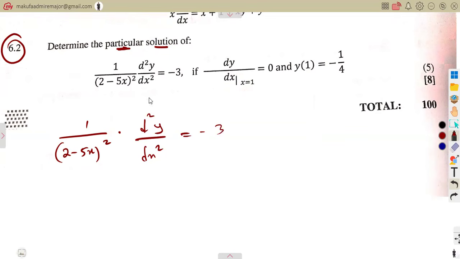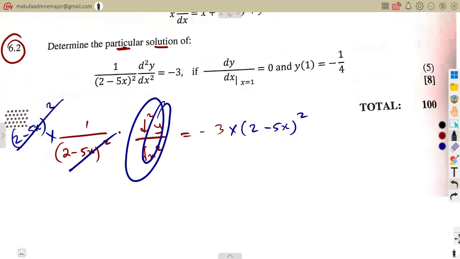So remember what we need when it is having higher power, we need to integrate both sides. So we need to get rid of this. How can we get rid of this fraction? Just multiply by it. Multiply by 2 minus 5x squared. So this will cancel.